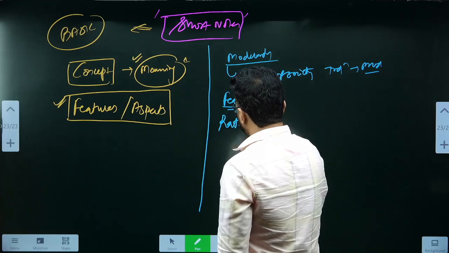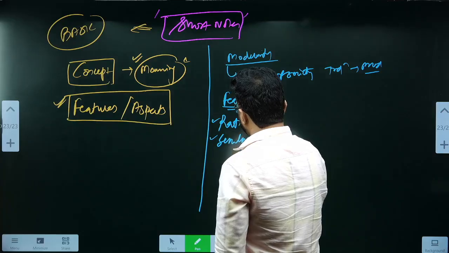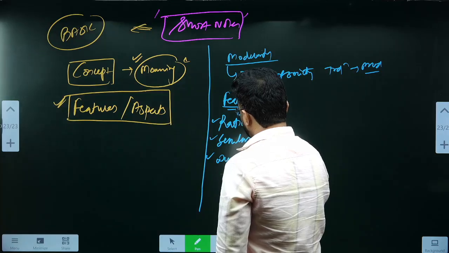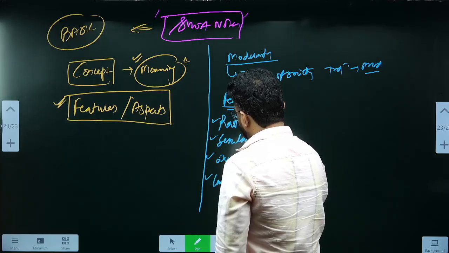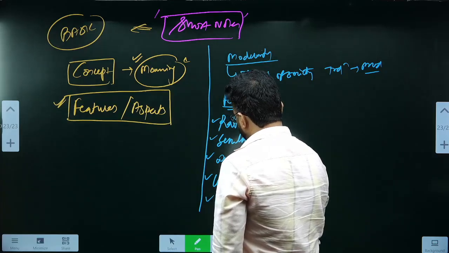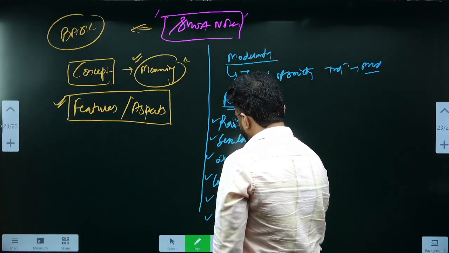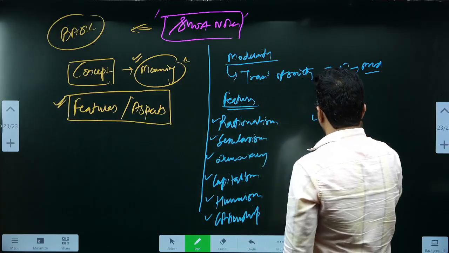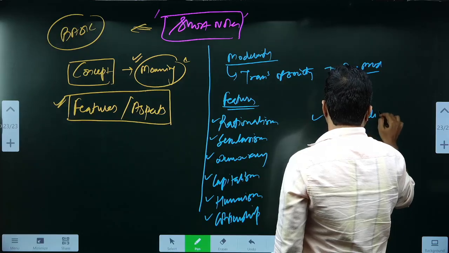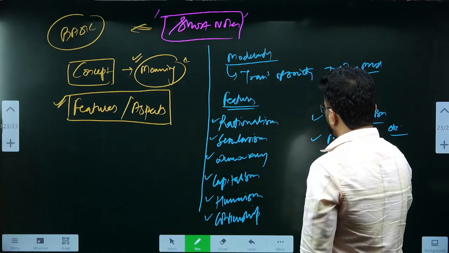Rationalism, secularism, democracy, capitalism, humanism, citizenship, individualism, etc., etc. The rise of the middle class.